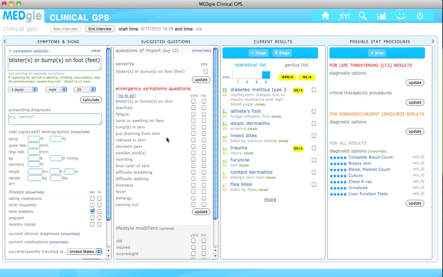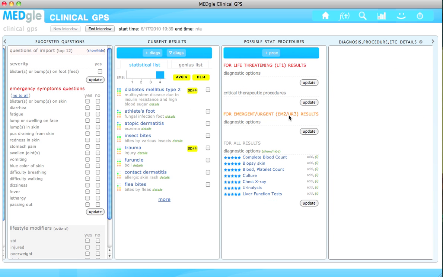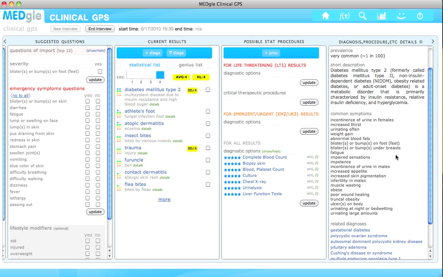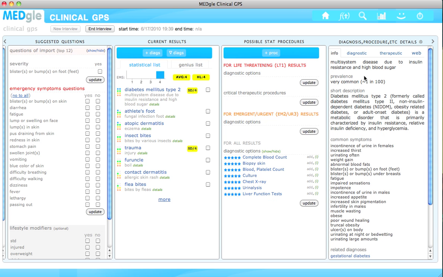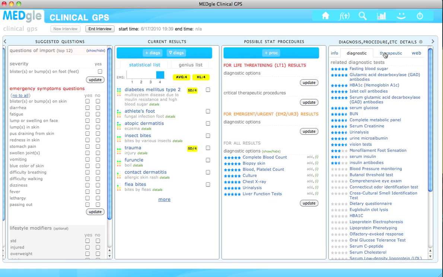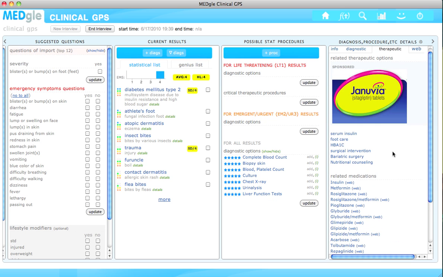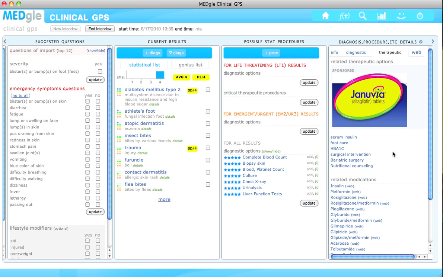What we can see here is by taking that into account, it actually shifts our results, and what we have now is diabetes showing up as the top result, and then we can click on diabetes for more information about that. And so we have information about common symptoms, other related diagnoses, diagnostic tests, and then therapeutic sections, in which there's also a sponsor section where we can see if there's any particular things that a company would want to sponsor when using this application.